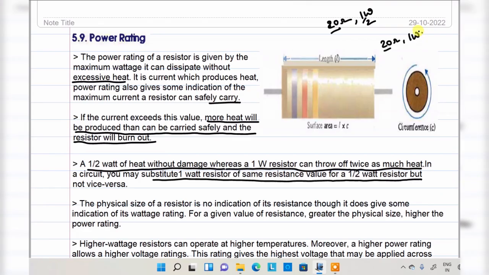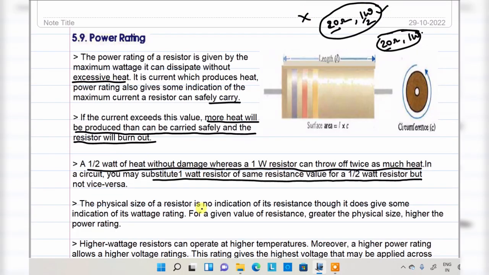I can take that resistor and connect it in the circuit with no problem at all, because you designed for 1/2 watt and are using 1 watt, so there is no excessive heat. But in the opposite case, if the circuit needs a 20 ohm 1 watt resistor but the market only has a 20 ohm 1/2 watt resistor, and you connect it in your circuit, what will happen? An excessive amount of heat will be generated.